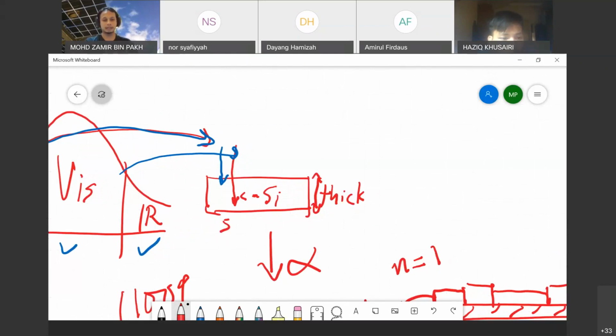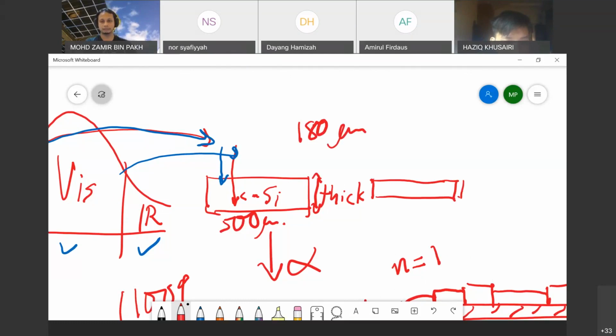Say you might need, say, 500 micron, and that's like 5 times our hair thickness. And what we are using now in the industry for solar cell is about 180 micron of the wafer thickness. Okay, because we just can't afford to use so much of silicon because it adds more to the cost of the manufacturing. Say the industry can only afford to use this much of silicon, thin.